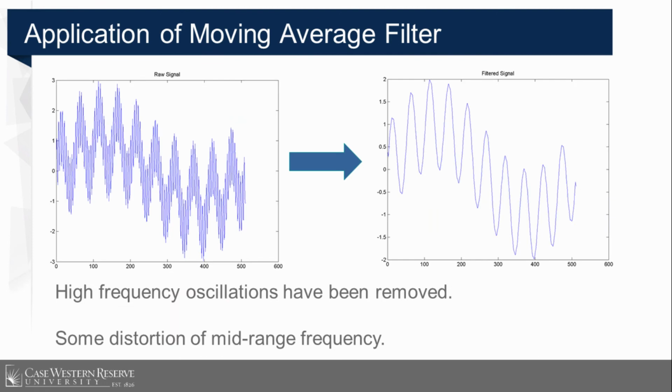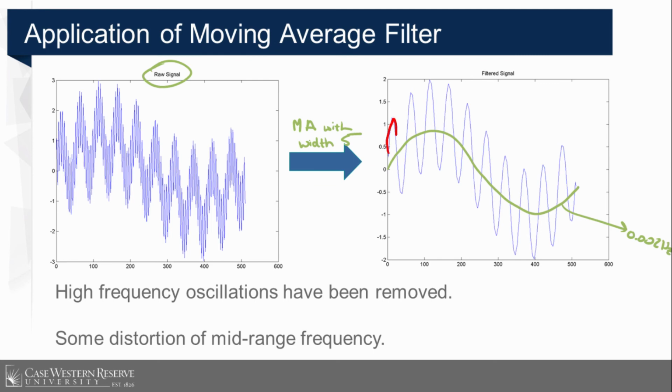All right, so we see if we take our raw signal, which is on the left-hand side, and we pass it through our moving average filter. So essentially, this is a moving average with a width of 5. We see that our filtered signal has the properties that we expect it to. So first of all, we see this very low frequency oscillation here. So this was the component at 0.002 hertz, right, that we've retained.